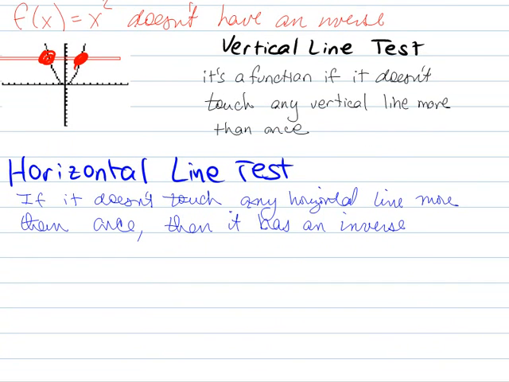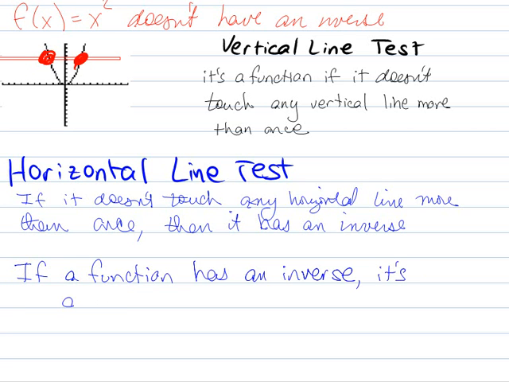Another way of talking about whether or not a function has an inverse is we say that it's one-to-one. If a function has an inverse, it's called one-to-one.